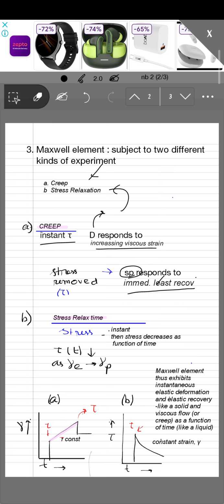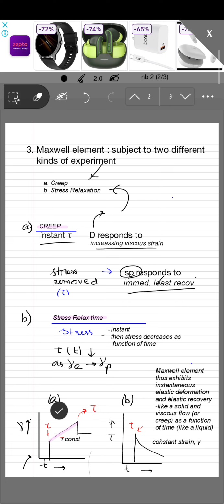So graphically you can see that this is how we can represent the creep experiment. The stress has been applied instantaneously, so there is no progressive stress, instantaneous stress, and which has caused a certain amount of strain.